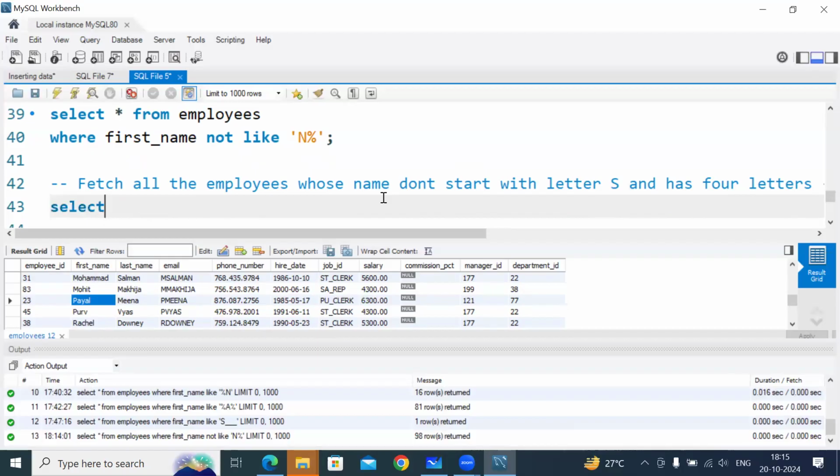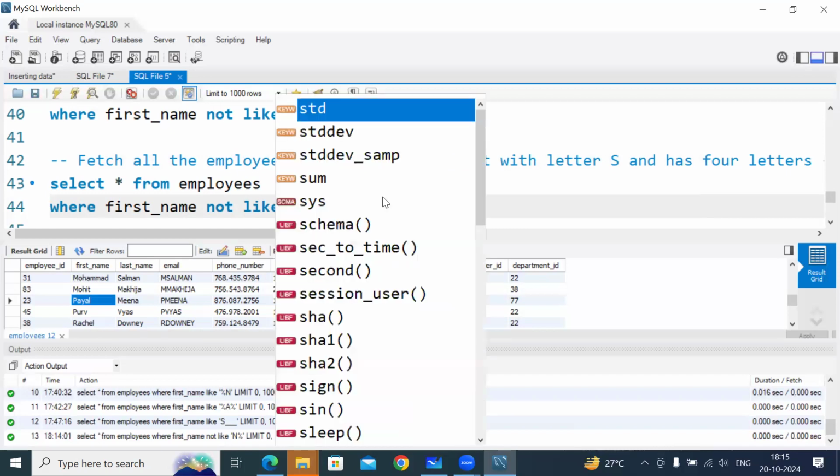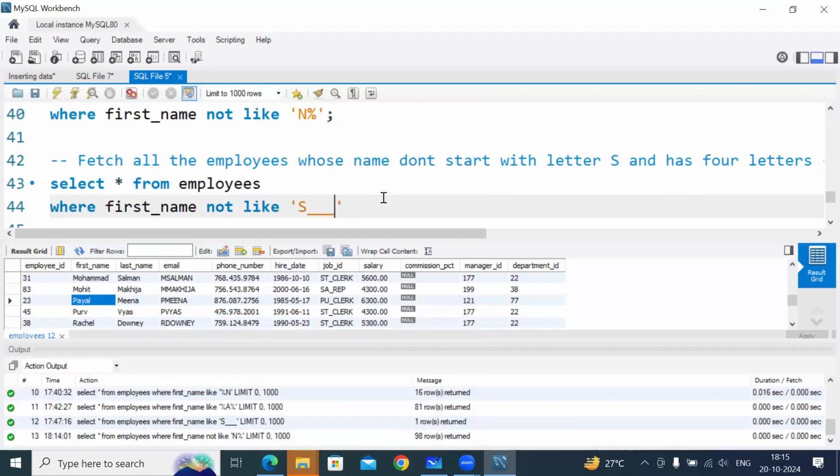For that, just do this: select star from employees where first underscore name not like, and in the quotes we have to mention S and three underscores here. This means we particularly don't want any employee whose name starts with letter S and has four letters in total.